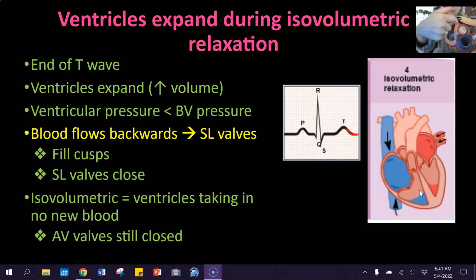When the blood comes back down, from the force of gravity and because the pressure in the ventricles is dropping, it's going to fill these little cups and force the valve closed. As the blood pools inside of these cups, you can see that we have some dark spots right here, and then there's another one on the other side.